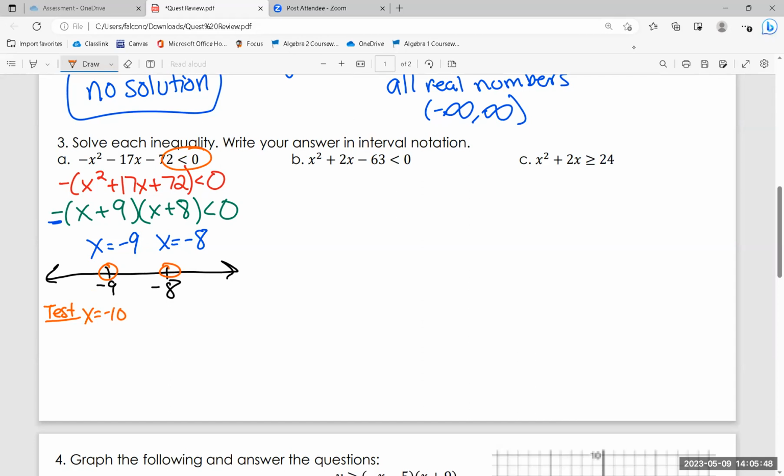So if I plugged in -10, that would give me -10 squared. So I'm replacing x with -10. So -x squared minus 17 times -10 minus 72 less than 0. So that would be -10 squared is 100 with the negative in front, so -100. -17 times -10 would be a positive 170 minus 72.